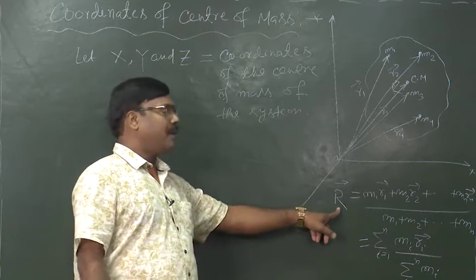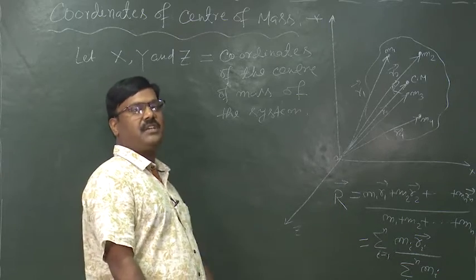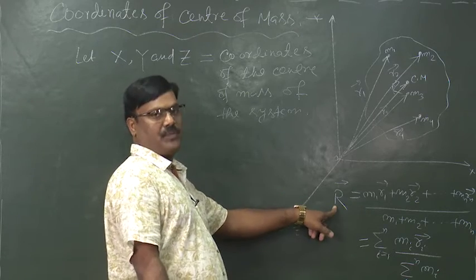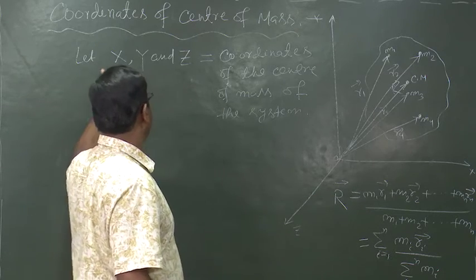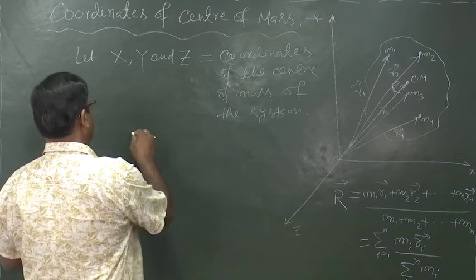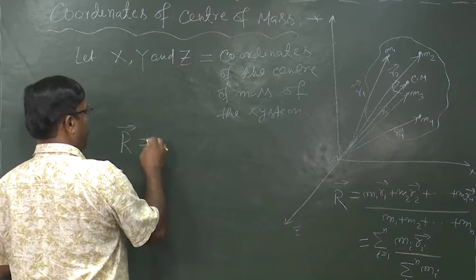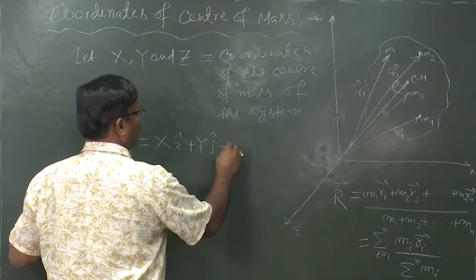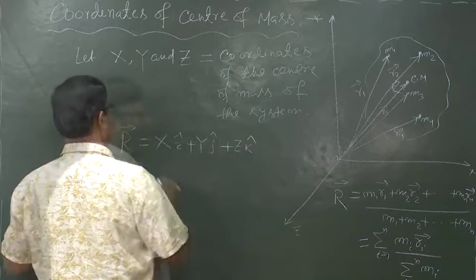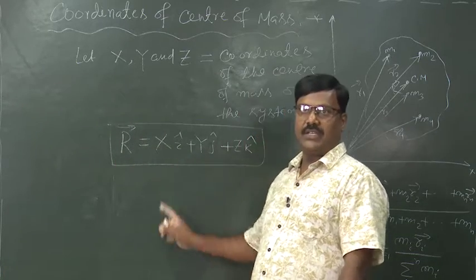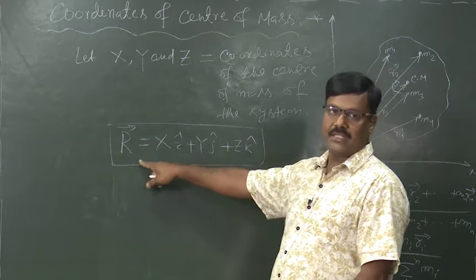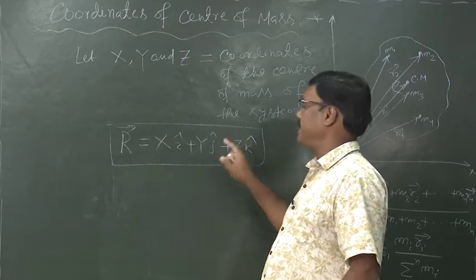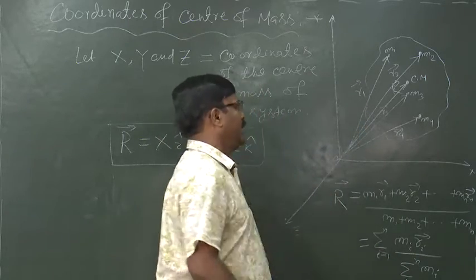If capital R vector is the position vector of the center of mass, then we can write the expression for the position vector of the center of mass in terms of its coordinates as R vector will be equal to x i cap plus y j cap plus z k cap. This is the expression for the position vector of the center of mass of a system of particles in terms of its coordinates.